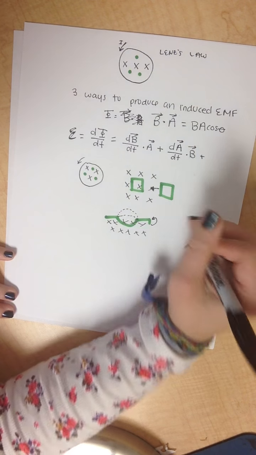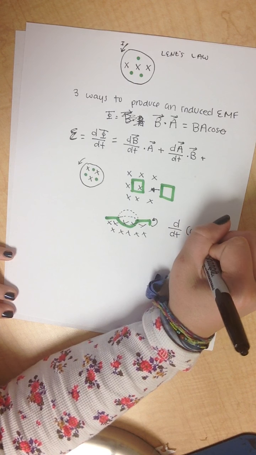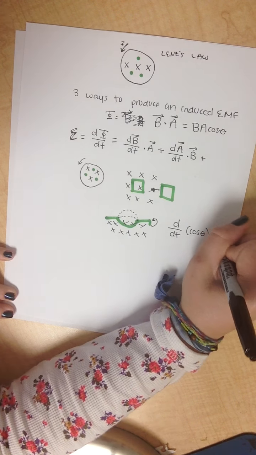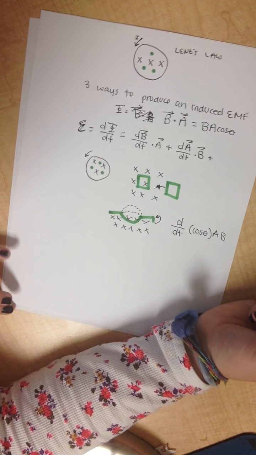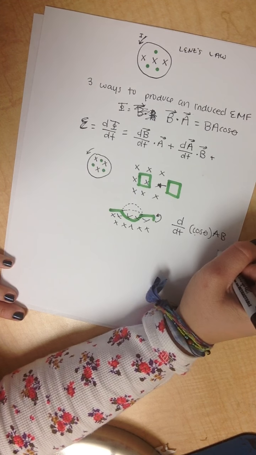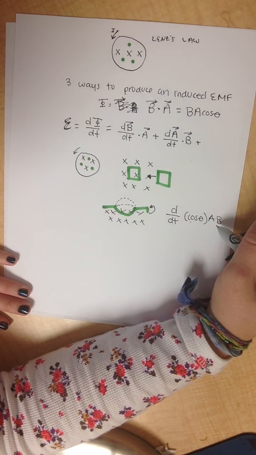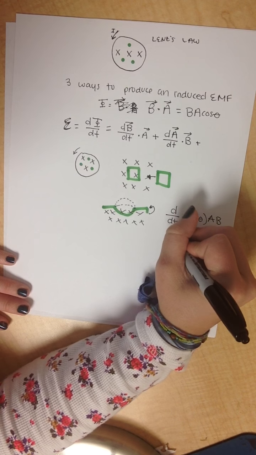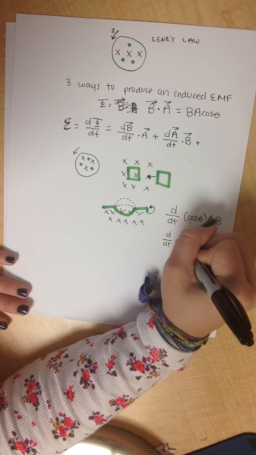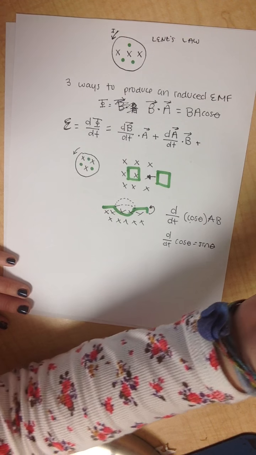So we note this as d/dt of cosine theta times A times B. This therefore means sine theta because we know that the derivative of cosine is sine theta. So when we plug this in, we'll probably just plug it in like this, but note that d/dt of cosine theta equals sine theta.